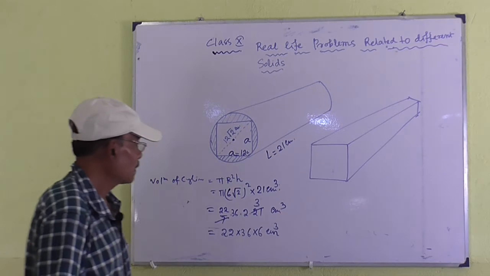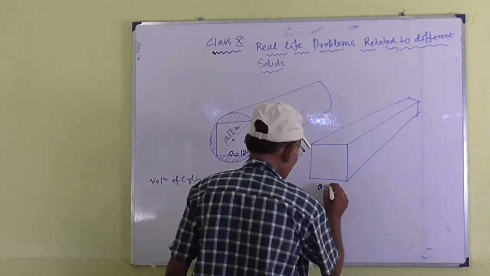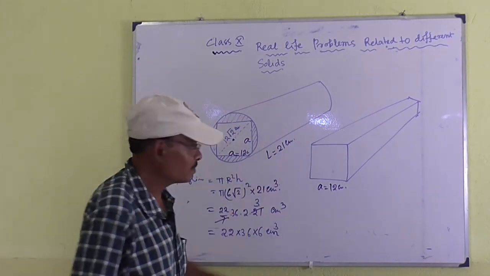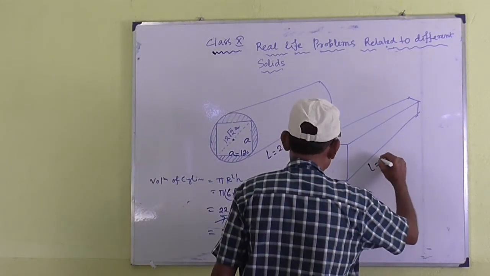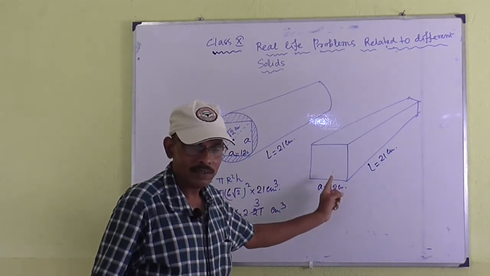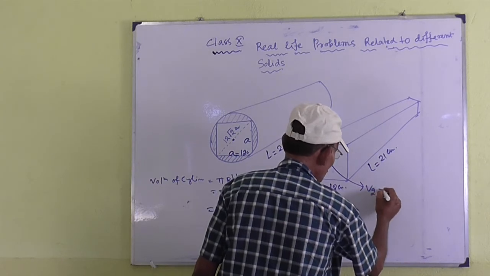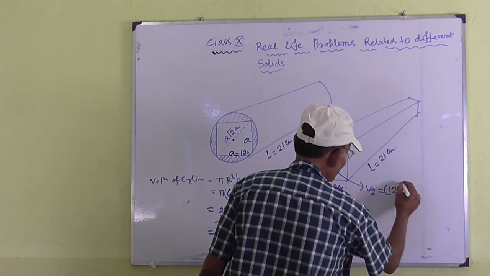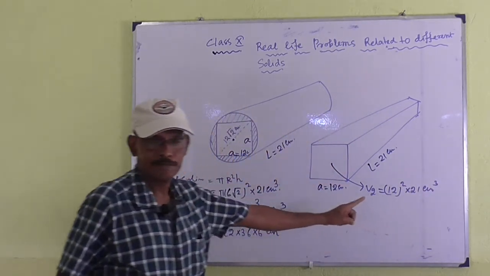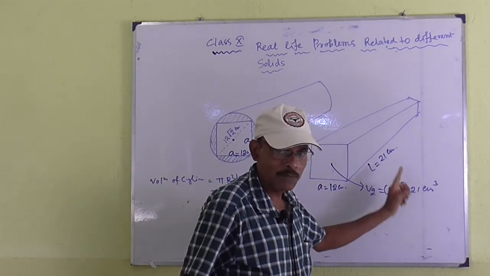Now A means the side of the square, it is 12 centimeter, but the length is the same. So the volume of the rectangular parallelepiped, that means this type of log, V2, will be 12 square into 21 centimeter cube. After calculating, we find the final volume of this type of log.